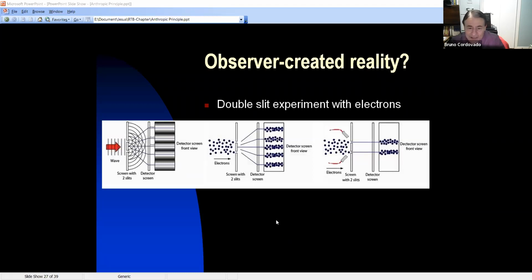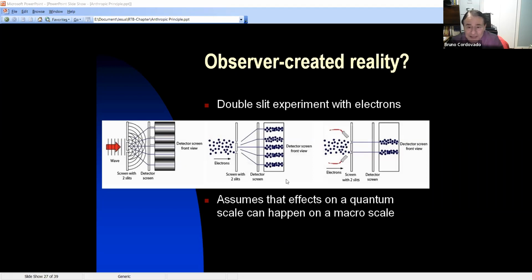But to me, that's not right, because you're assuming that what you see on a quantum level can be extrapolated to happen on the level of the whole universe. And quantum effects, to me, cannot be extrapolated that way. So I don't think this is a valid way of looking for a solution.